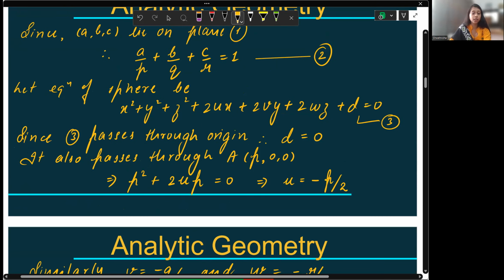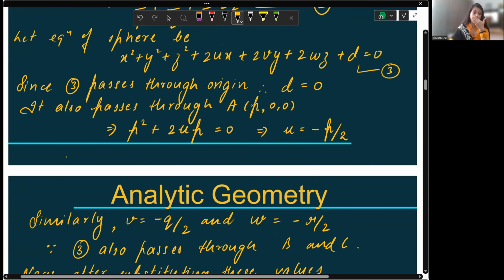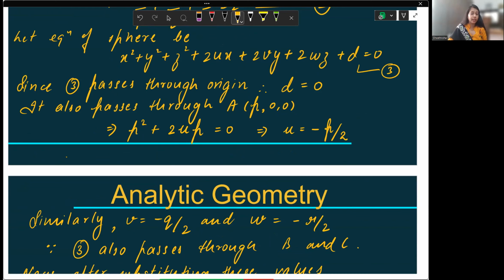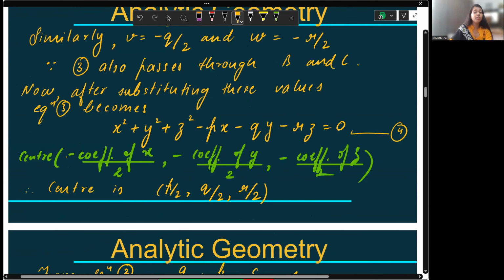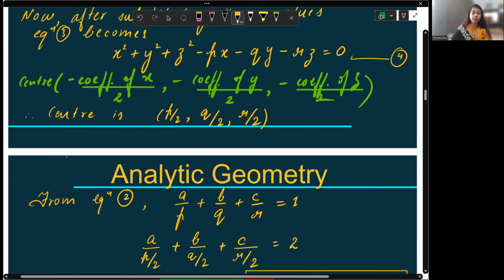And I started with the general equation of the sphere, and all the conditions that they have said, I've imposed to calculate all the unknown variables in terms of known variables. For example, ABC, right? We have in terms of PQR. And then from there, we got the center of sphere because we want to find the locus of center of sphere.